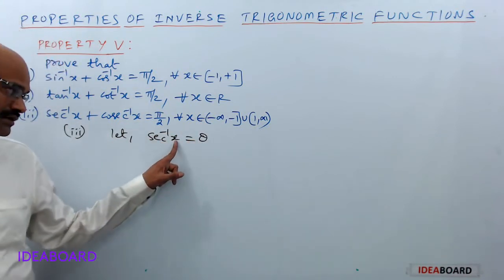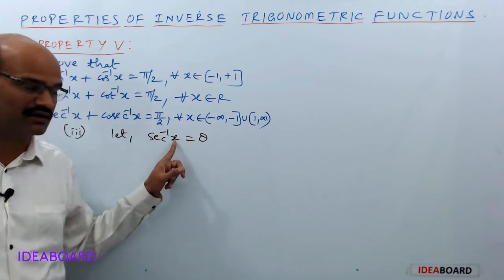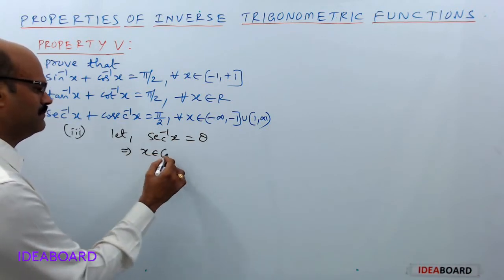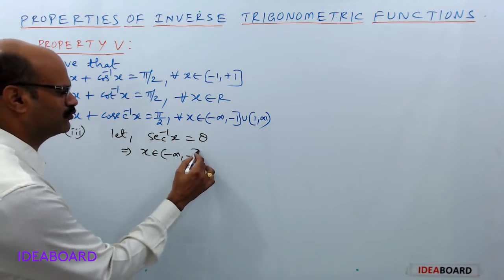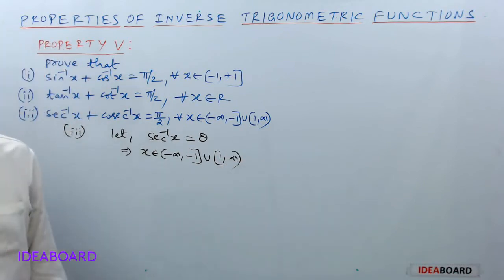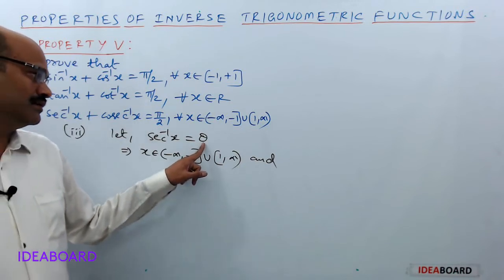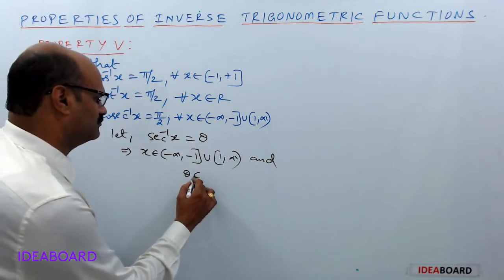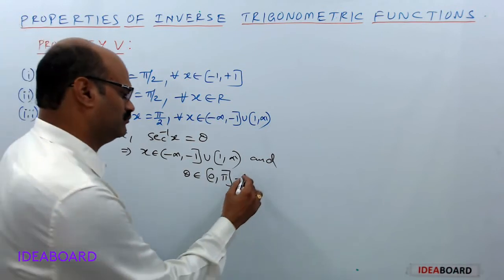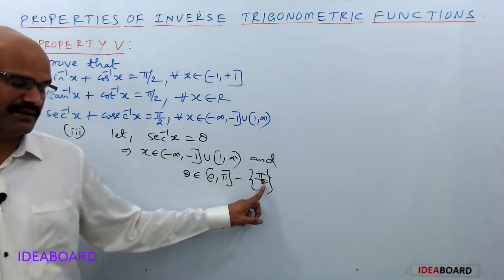It implies the domain of secant inverse x is x belongs to open minus infinity to closed minus 1 union closed 1 to infinity, and theta belongs to the closed interval 0 to pi, minus pi by 2.